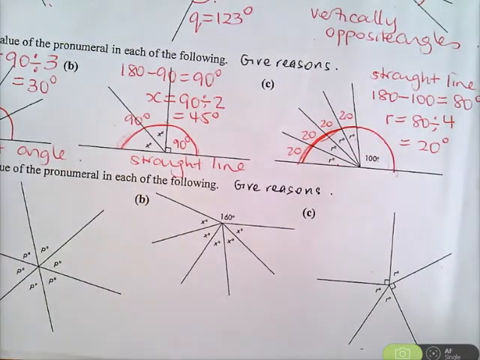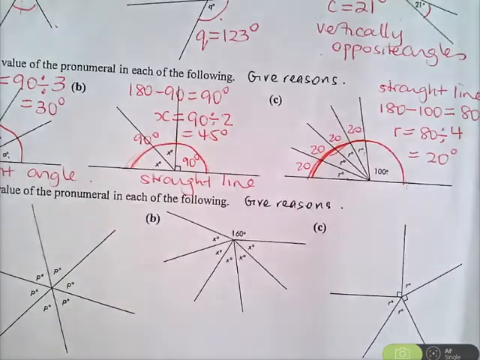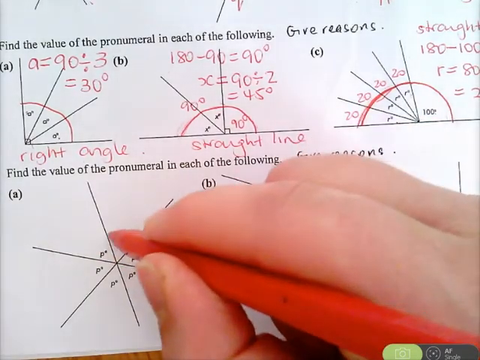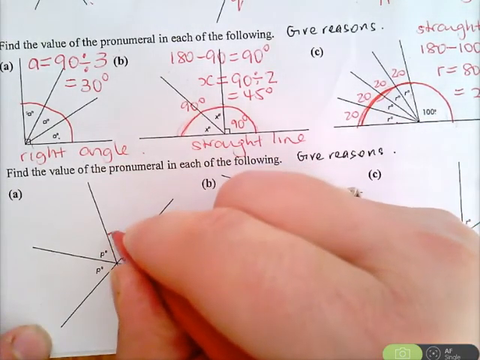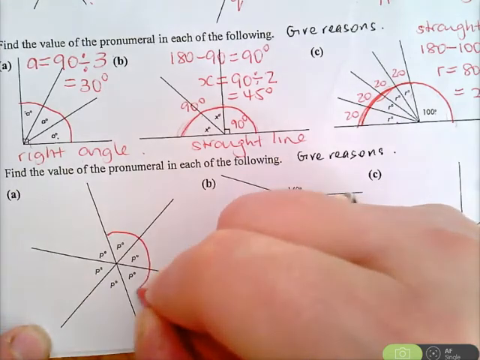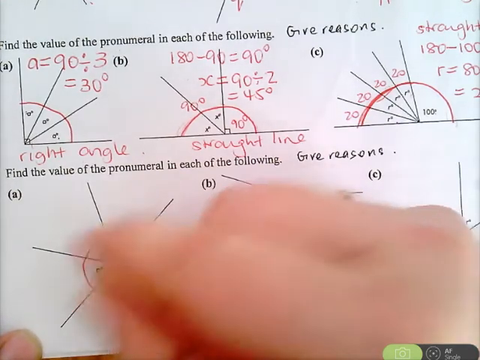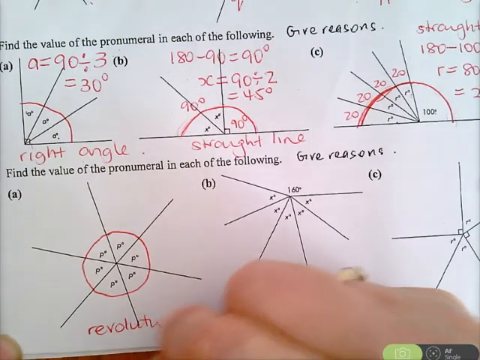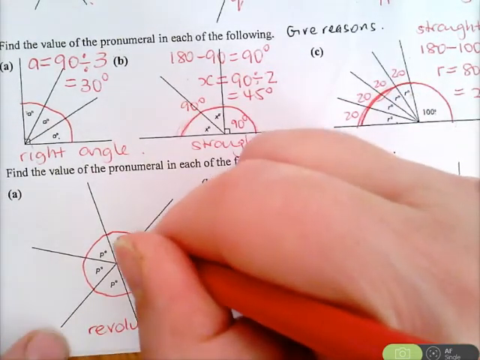Okay? Right, now for the last question. Similar sort of thing. Let's mark out the angle that we've got. So my angle goes there, there, all the way around. So I've got a revolution. So the reason will be that I've got a revolution. And now we want to see how many angles we've got.